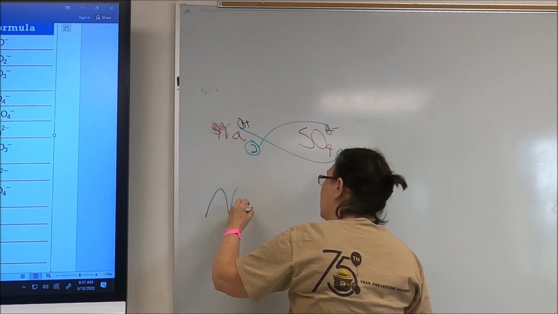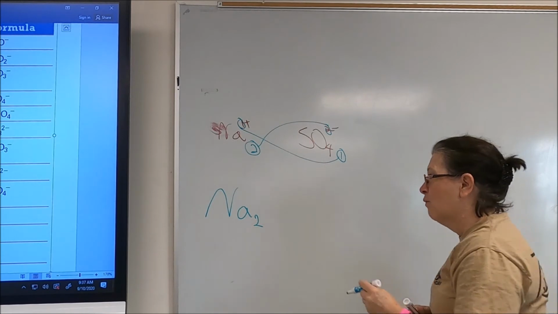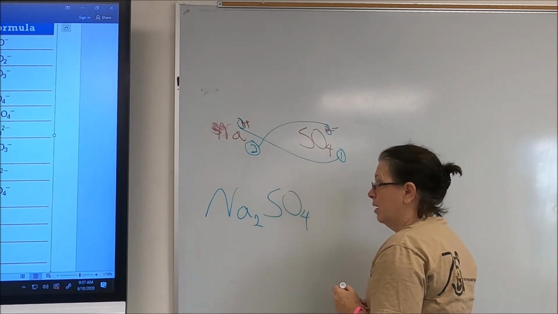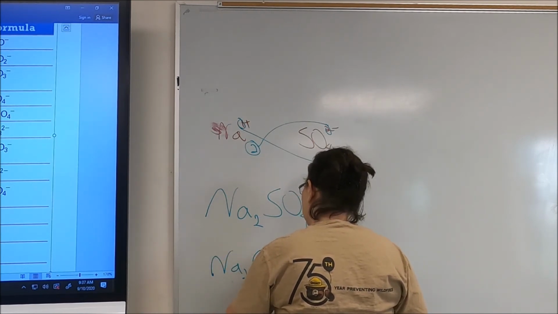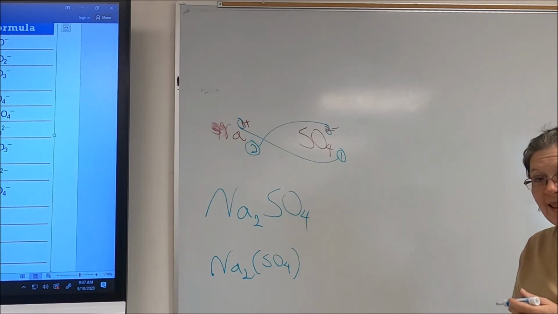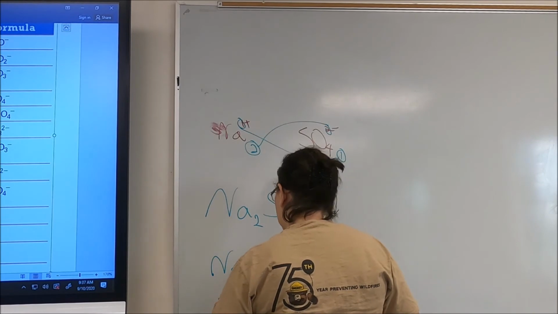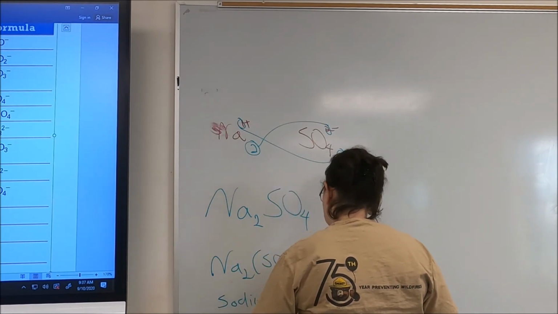So I get Na2. And since we only have 1 sulfate, we usually just write SO4. But you could also write Na2(SO4) if that helps reinforce for you that this is a polyatomic ion. And we just call this sodium sulfate.